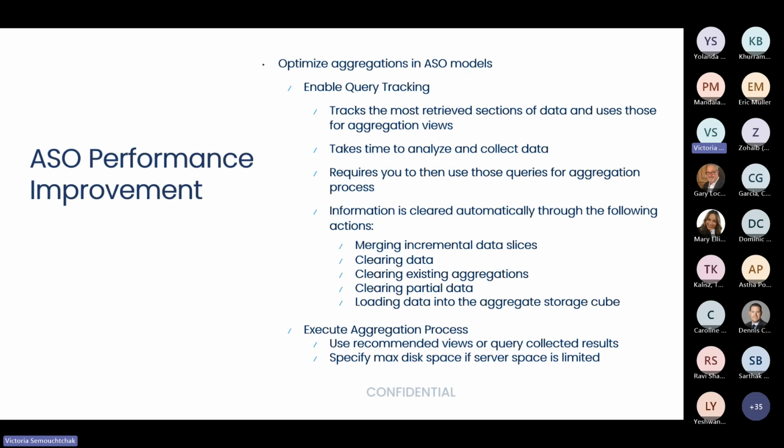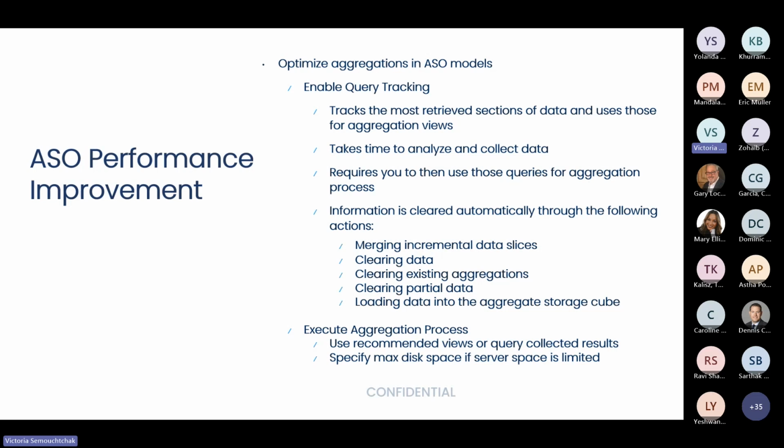Finally, since all data in an ASO application is aggregated on demand, optimizing that aggregation process might help your users with their retrieval. So you can do this by either pre-aggregating some data with recommended views or enabling query tracking for your application so it can help you identify the most often retrieved data sets and then use those for aggregation.